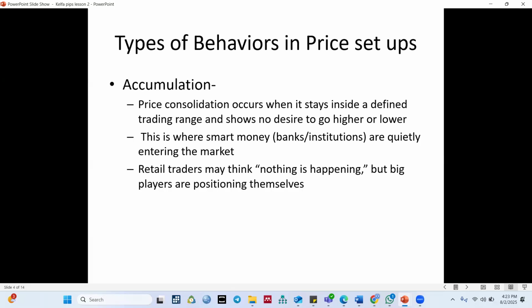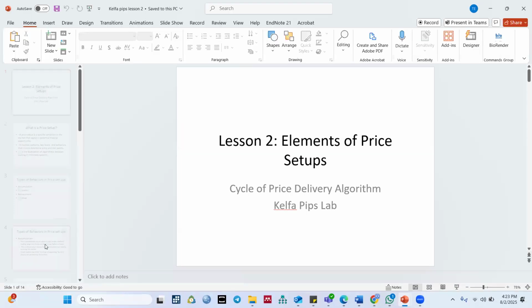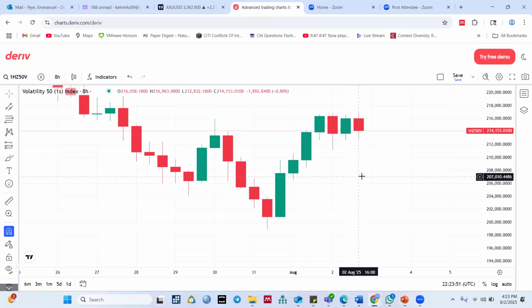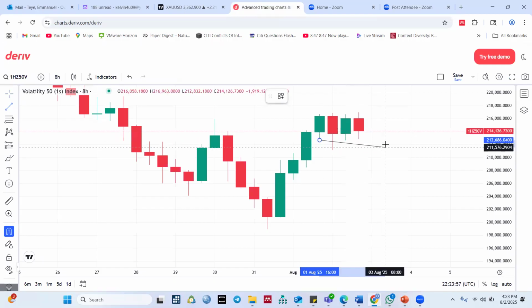So what is consolidation? What is accumulation? It occurs when price stays inside a defined trading range and shows no desire to go higher or lower. For example, the chart that I showed is the daily time frame, 8-hour time frame.